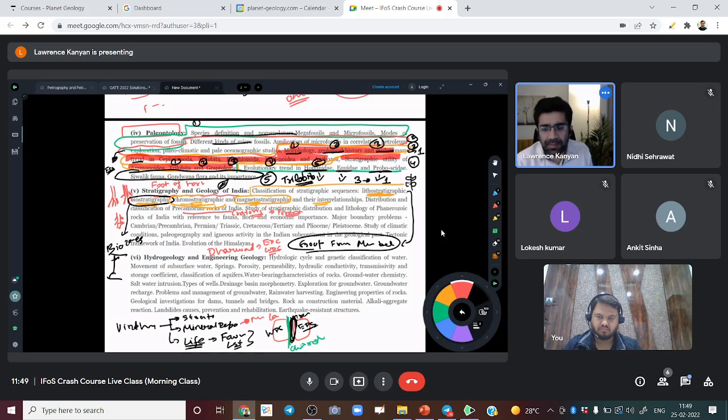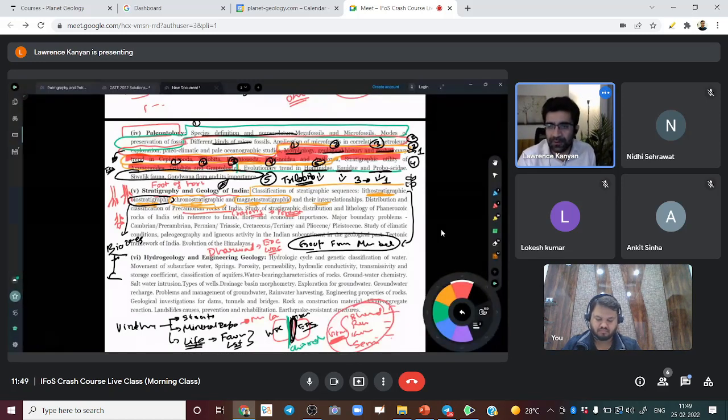If you cannot remember individual formations, let's say you somehow forget, but in Vindhyan you should at least remember the Semri, Kaimur, Rewa, Bhander, like this. These are the groups, and they have further formations in them. So this is very important, that you don't skip this.